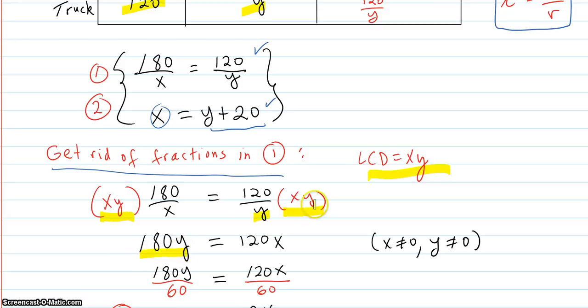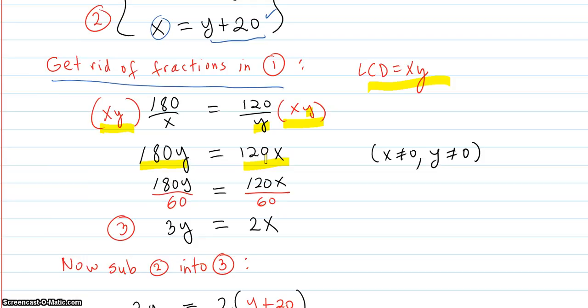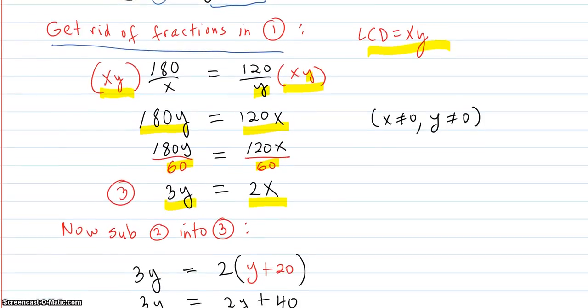And the y cancels off and you get 120x. It's the same as cross multiplying. Then you're going to clean these numbers up because you notice that 60 goes into both. You don't have to do this, but it's a lot easier if you do. 60 divides into both, and you get 3y equals 2x. So that's the new equation number 3.